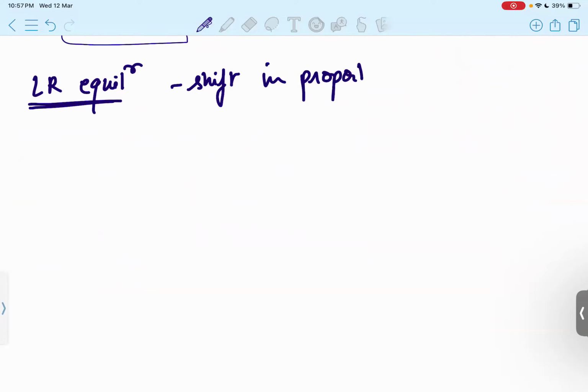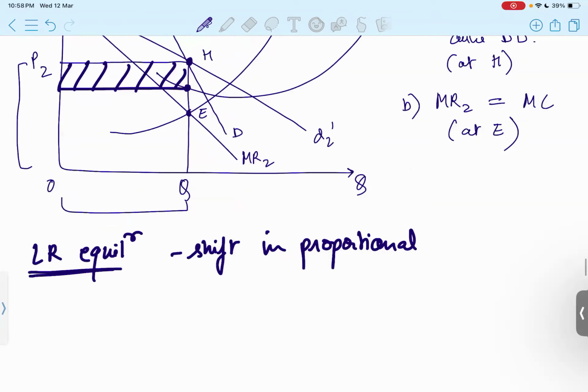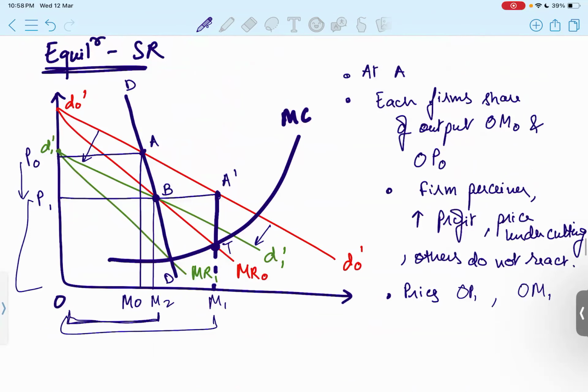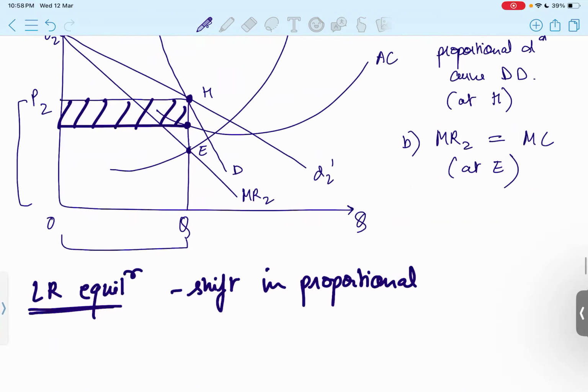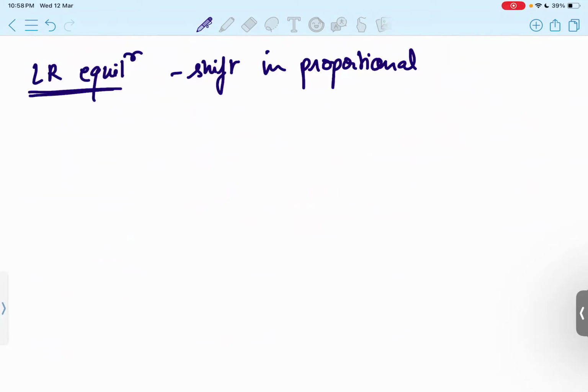In the short run, we have seen the proportional demand curve has not shifted. It is only the perceived demand curve which has shifted below. Here you can see the red and the green ones are the perceived demand curve which has shifted down. The proportional demand curve remains unchanged. But in the long run, there would be a downward shift in the proportional demand curve also because of new firms entering the industry.